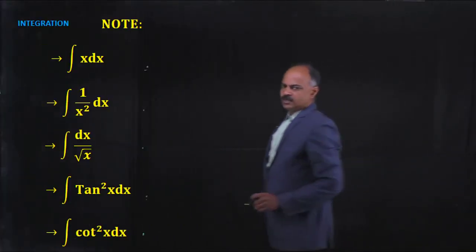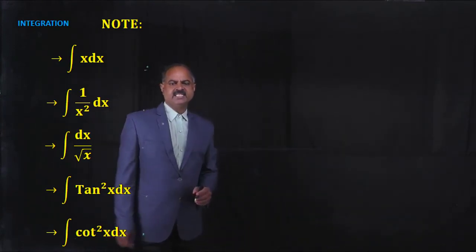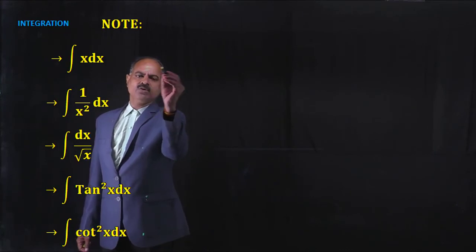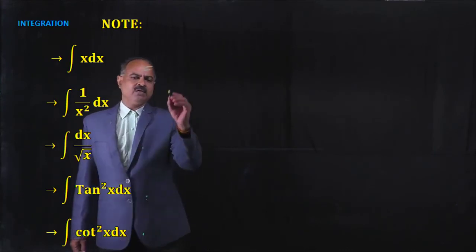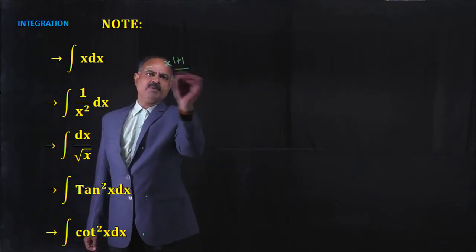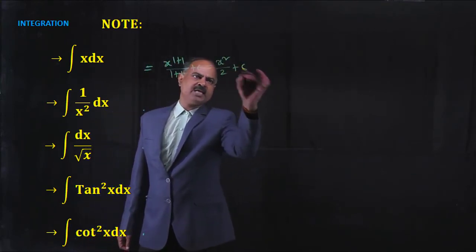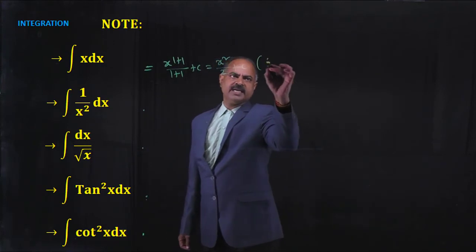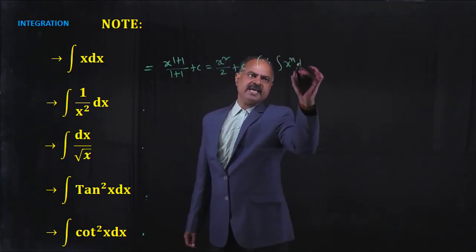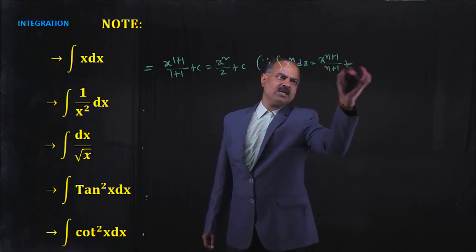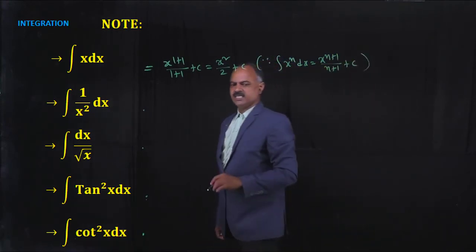Next, note integral x dx. That is equal to x power 1 plus 1 by 1 plus 1, that is x square by 2 plus c, since integral x to the power n dx equal to x to the power n plus 1 by n plus 1 plus integration constant c.